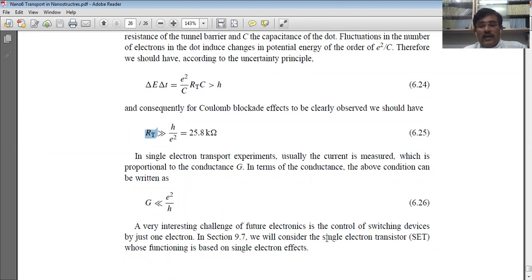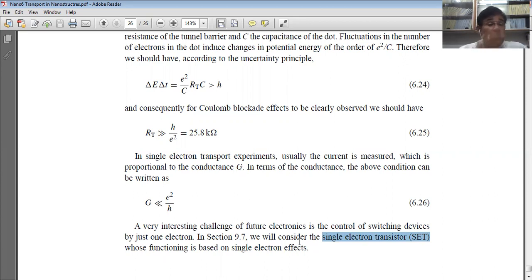That is, when we see the effect of Coulomb blockade in a material, then through that material we can fabricate a single electron transistor, and it is totally based on the effect of a single electron. Only one electron is given to the transistor to make it on or off.